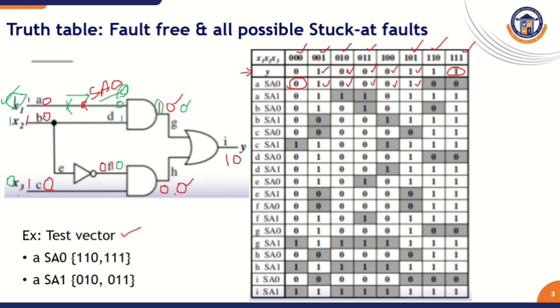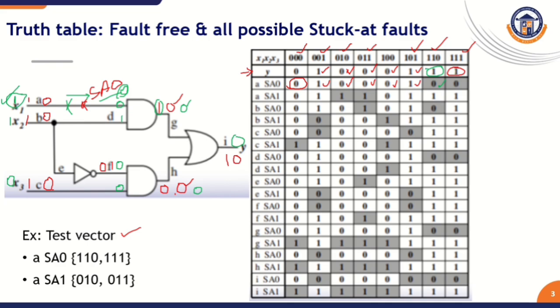So here also 0. When both inputs are 0, the output of the AND gate is 0. So for the AND gate the inputs are 0 0 now. But what is the output here? 0. But our expected behavior is 1, and we are getting only 0.